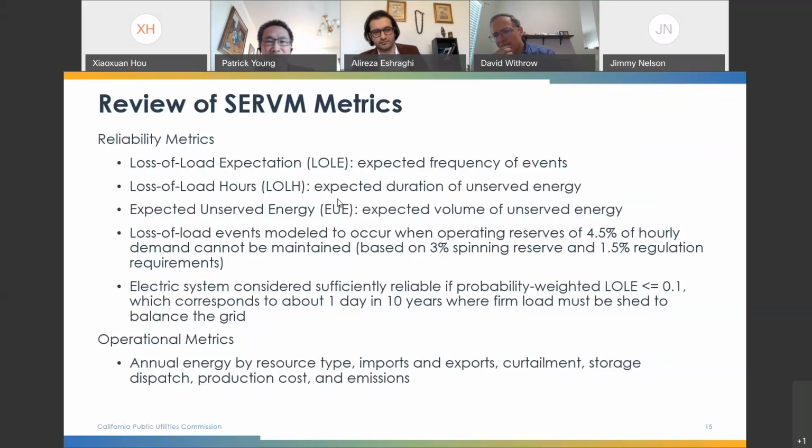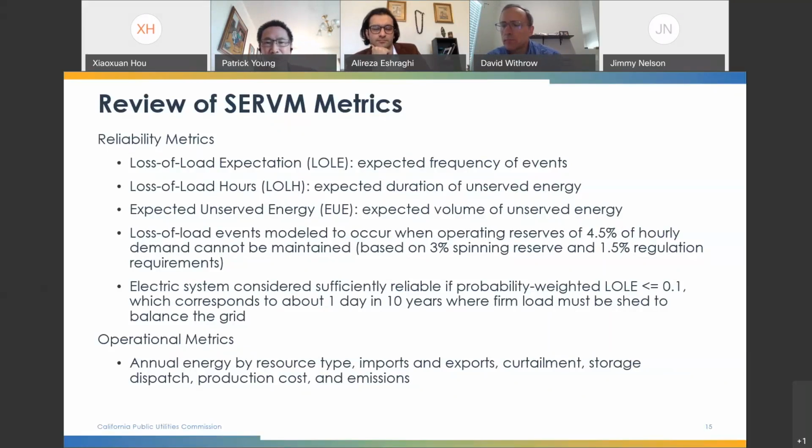The electric system in our model, we consider reliable if the probability-weighted LOLE, loss of load expectation, is less than or equal to 0.1. And this corresponds to the industry rule of thumb, 1 day in 10 years where firm load must be shed to balance the grid.